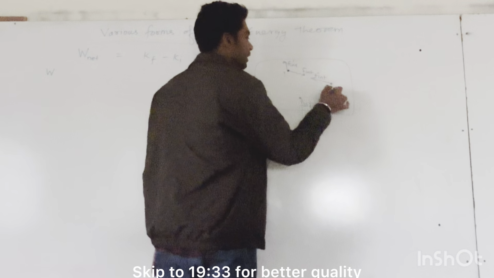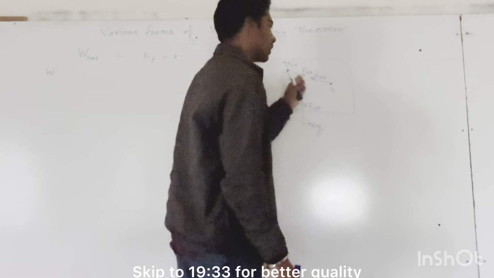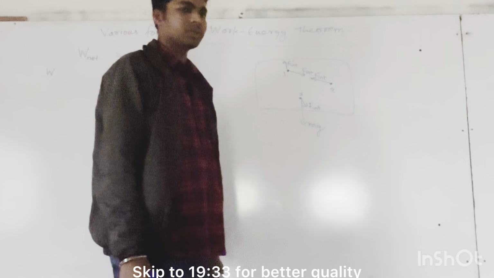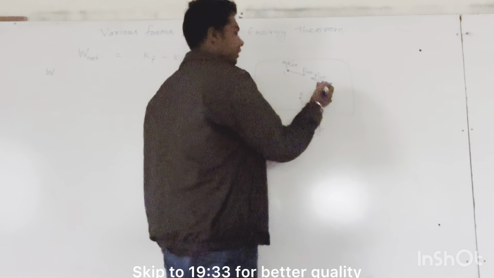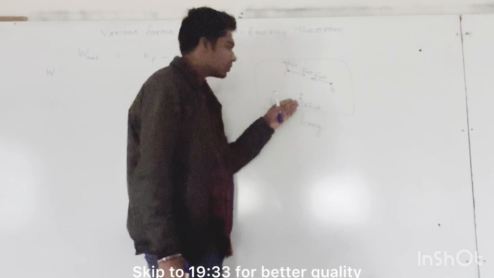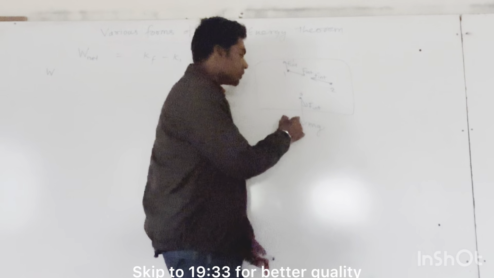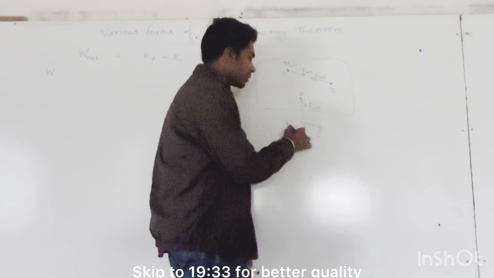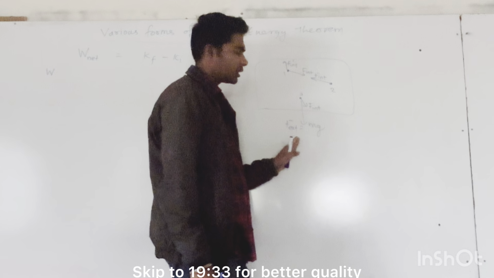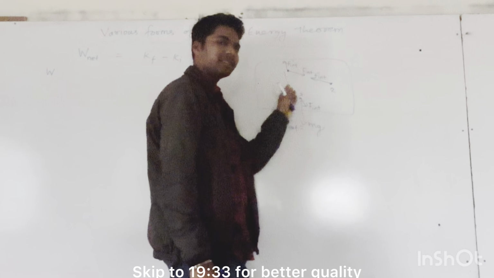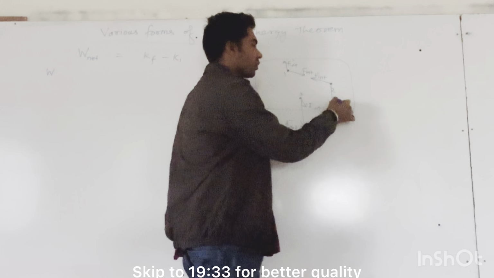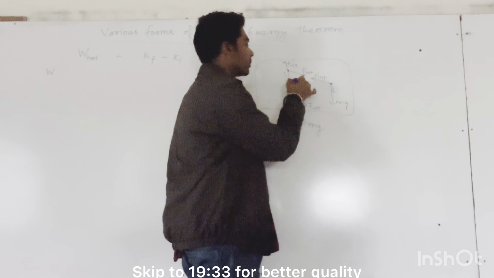There are three particles in my system, and 1 and 2 are applying forces on each other. 1 and 3 are applying forces on each other. Similarly, 3 and 2 might apply forces on each other. Now, the force mg is not an internal force because it is not existing in a pair. There is no particle in the system which is applying this force mg on particle 3 or on particle 2 or on particle 1.